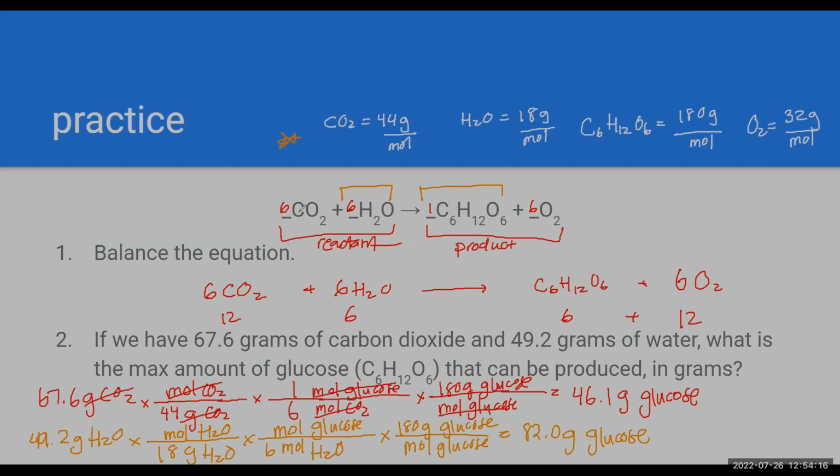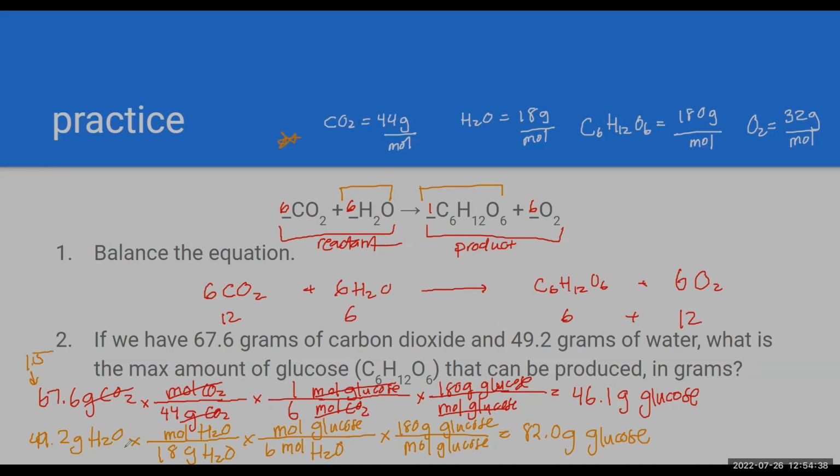The ratio of carbon dioxide to water is going to be 1-to-1, because for every 6 and 6 of each, you're going to generate 1. So if I were to look at the moles here, if you do 67.6 divided by 44, you get roughly maybe like 1.5.